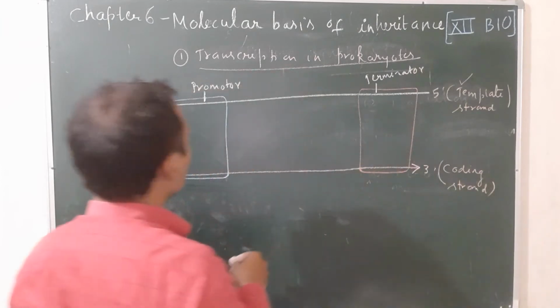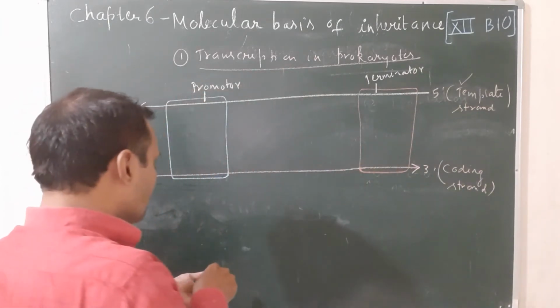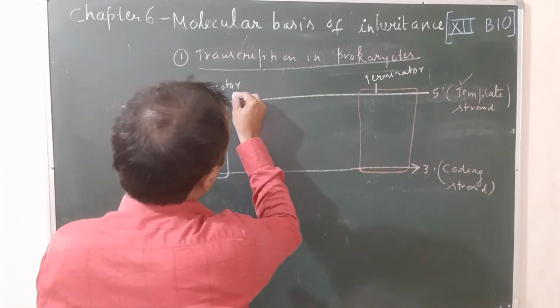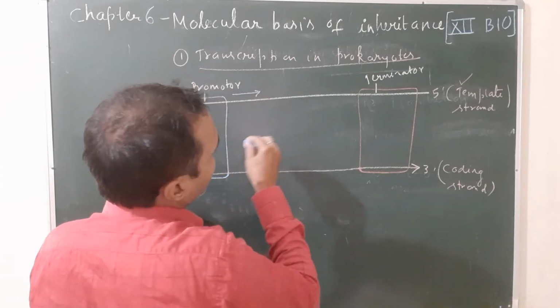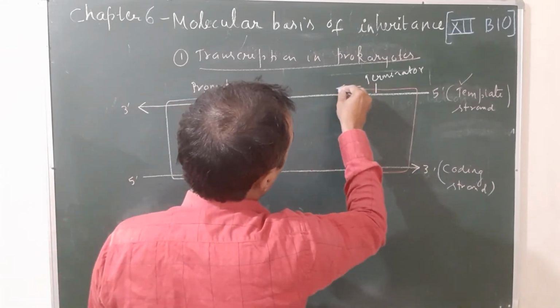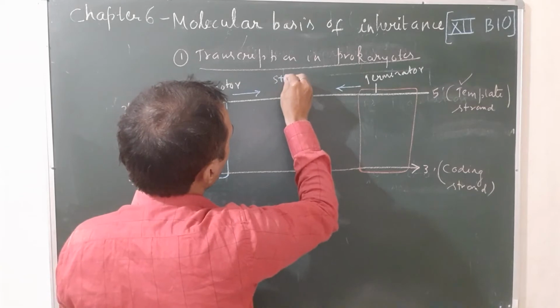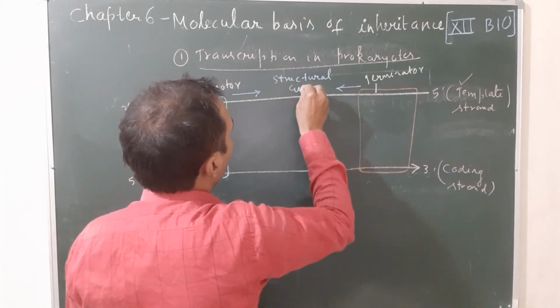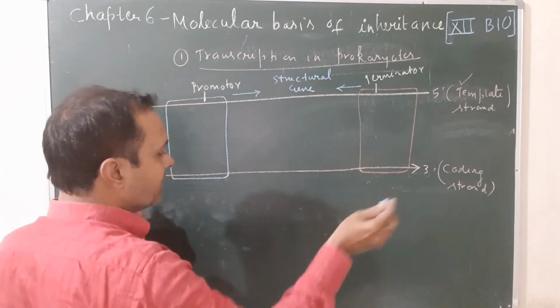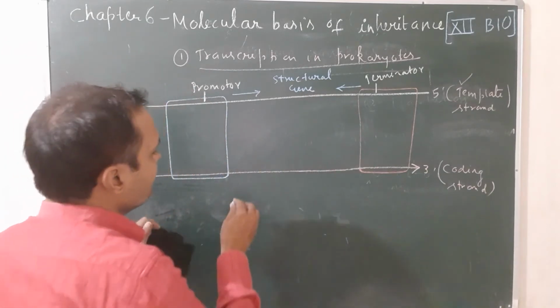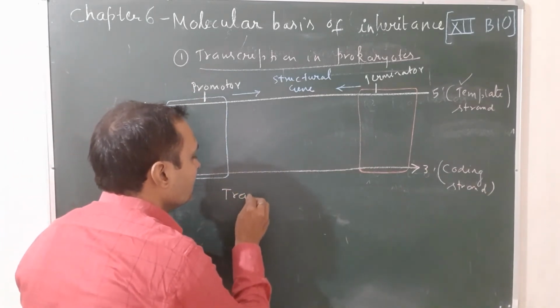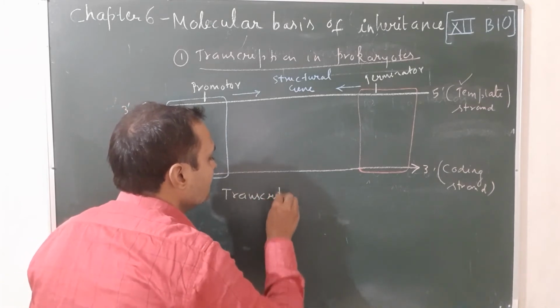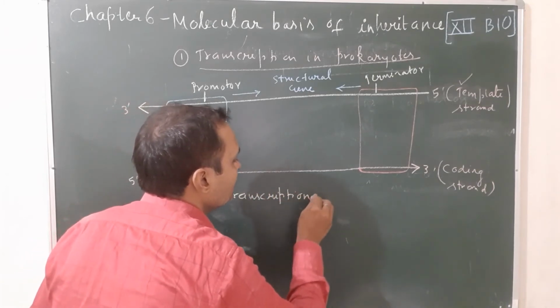Between the promoter and terminator, this part of DNA is known as the structural gene. The whole component is known as the transcriptional unit.